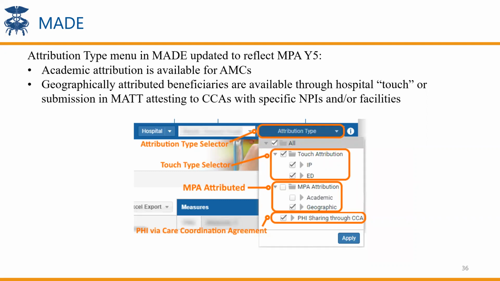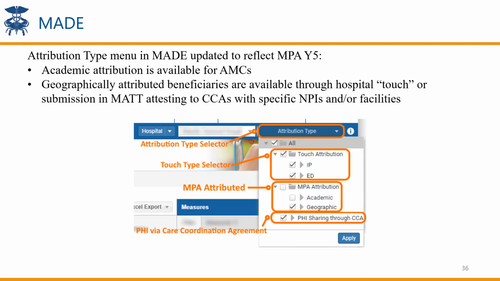Within MAID, at the very top, you have a selector to change the attribution type of the patients that are shown in the modules. You can see you have your touch attribution, and you can filter on whether they touched your hospital on an inpatient admission or ED visit.